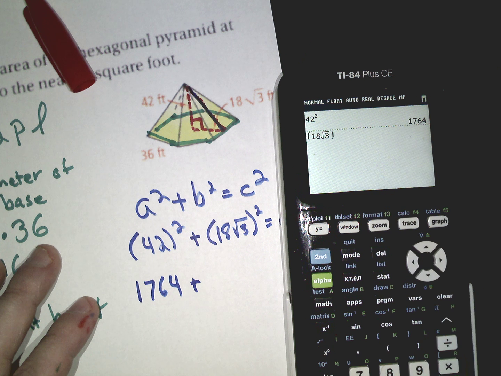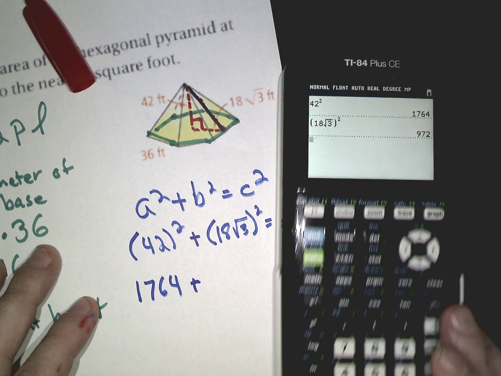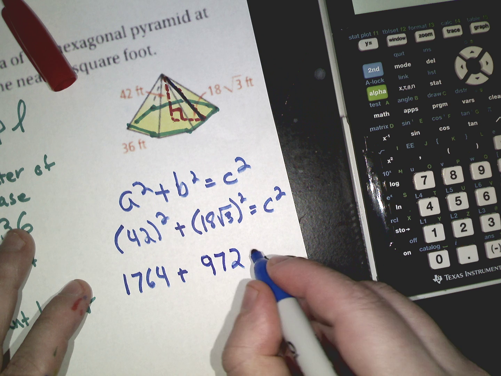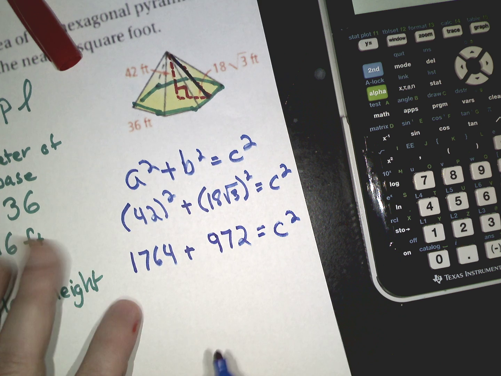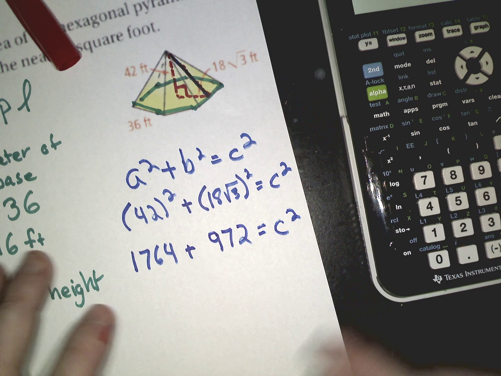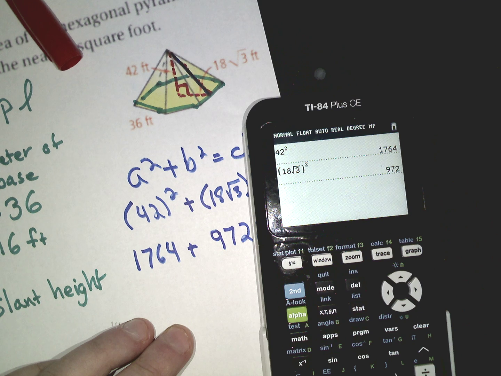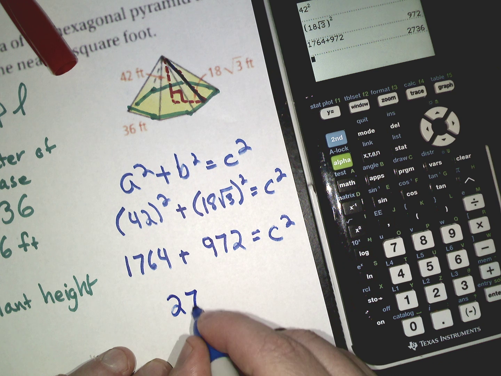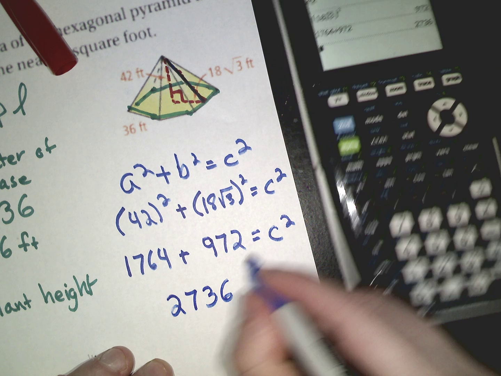Bring it out here, and we have to square it. Hit enter. Oh, okay, it didn't work out so bad, 972. At least I'm dealing with whole numbers here. Now the next thing I have to do is add these two up. So 1764 plus 972 is 2736, which equals c squared.